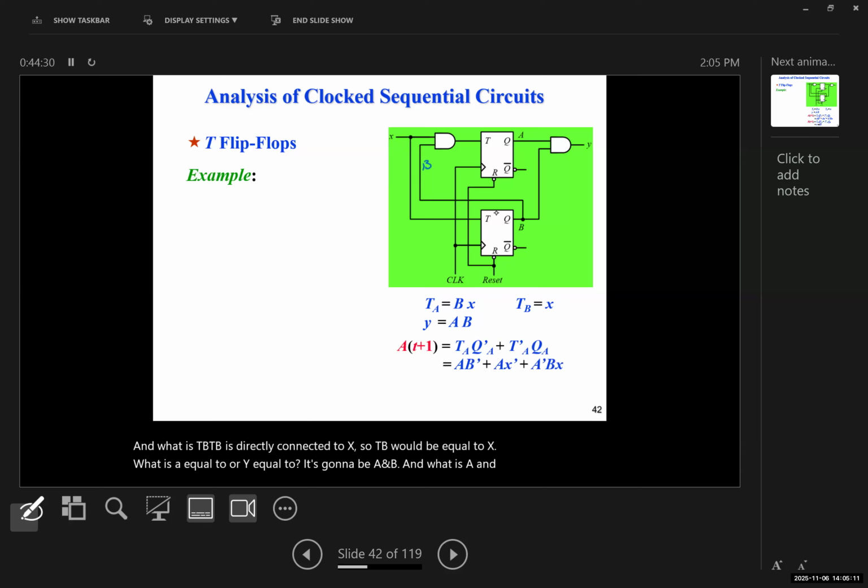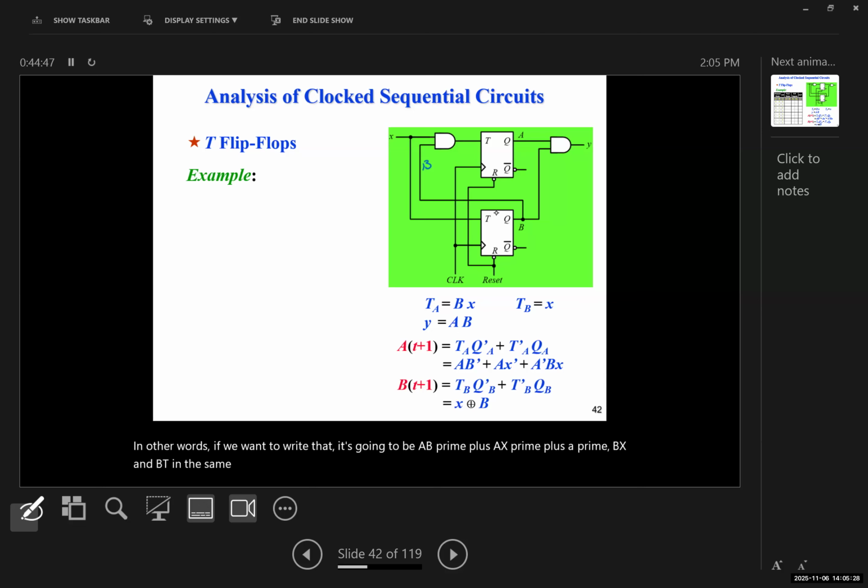And what are A and B? A is going to be equal to TQ' plus T'Q. In other words, if we want to write that, it's going to be AB' plus AX' plus A'BX. And B in the same way is going to be TQ' plus T'Q.